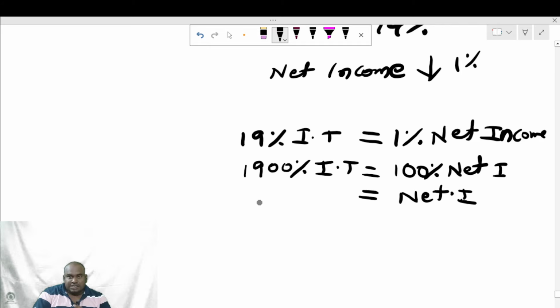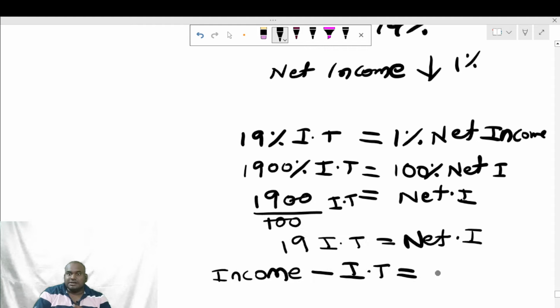But I know income means whatever the salary we get minus income tax will be nothing but net income. Net income is nothing but in-hand salary. So in this income, some taxes will be removed. After removing, we will get net income. Whatever the amount we get in our account is net income.